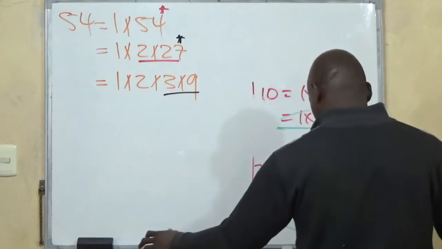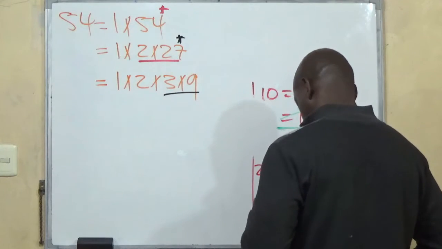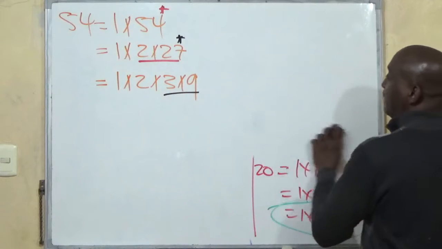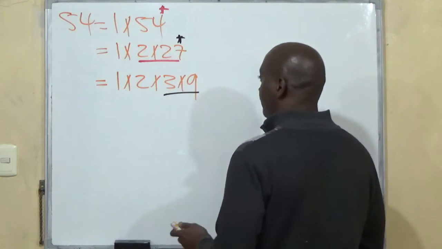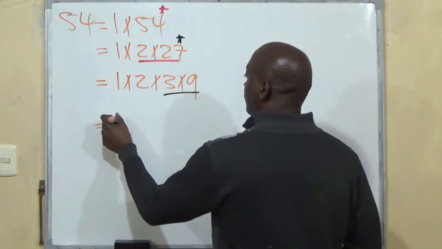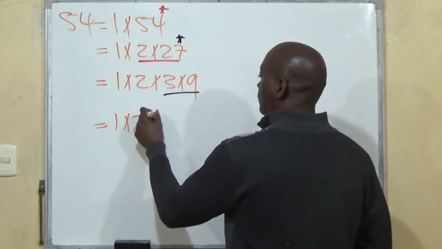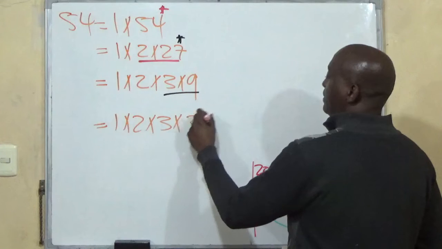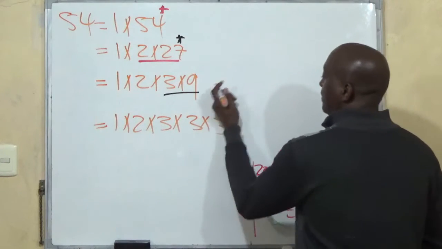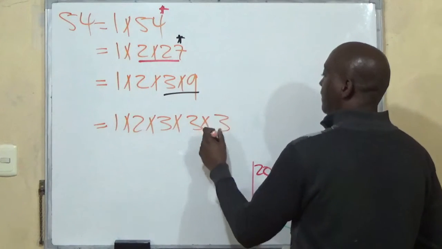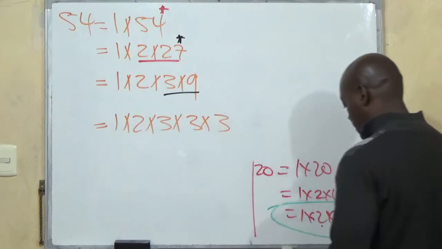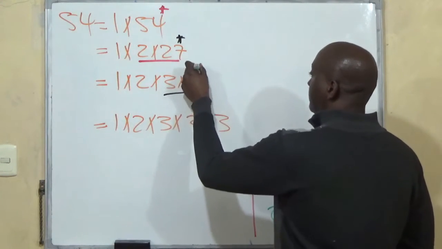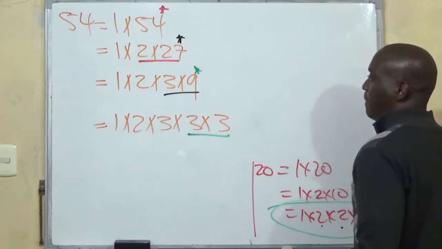So this will be what? 1 by 2 by 3 by 9 is 3 by 3. So 9 is 3 by 3.